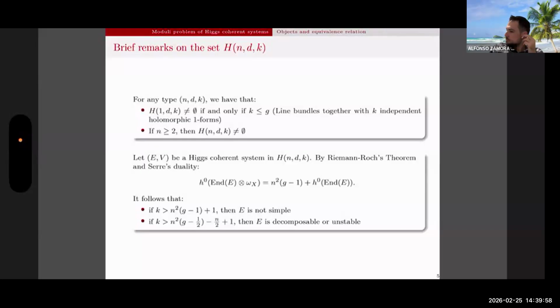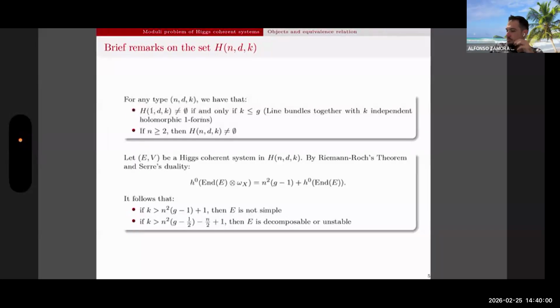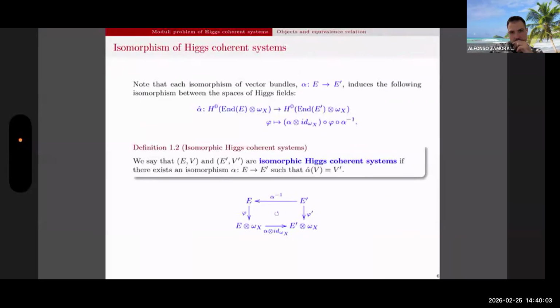And now we define the equivalence relation on this set. For this, we consider an isomorphism alpha between E and E prime. This map induces a morphism between the corresponding Higgs fields that I denote alpha hat, and is defined as this conjugation.